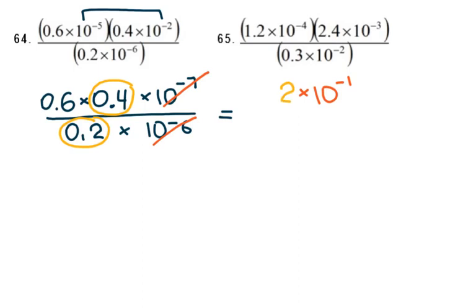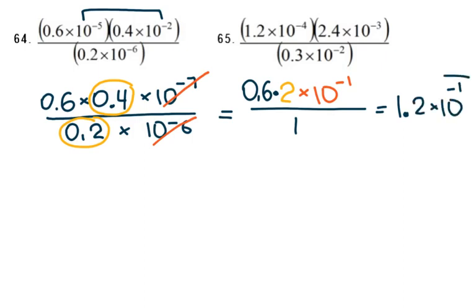And then what's left on the top is 0.6. Because 2 times 2 gives me 0.4. So 0.4 divided by 2 is 2. And on the bottom, in the denominator, I have nothing left. So my answer is 1.2 × 10^-1.